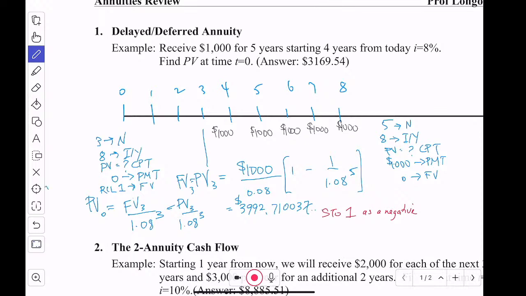But this might be more familiar because that's the formula that we learned, right? And then you get your answer. So do you get this answer?